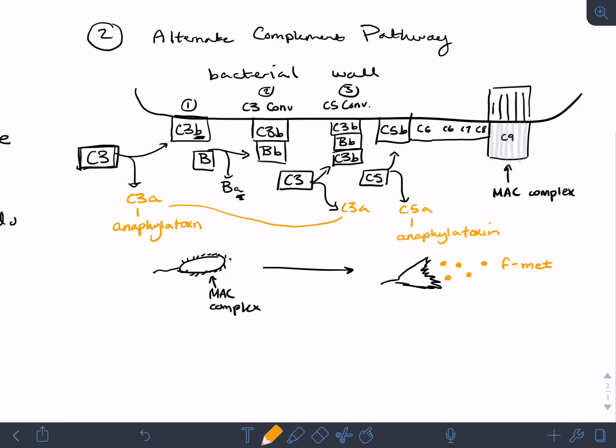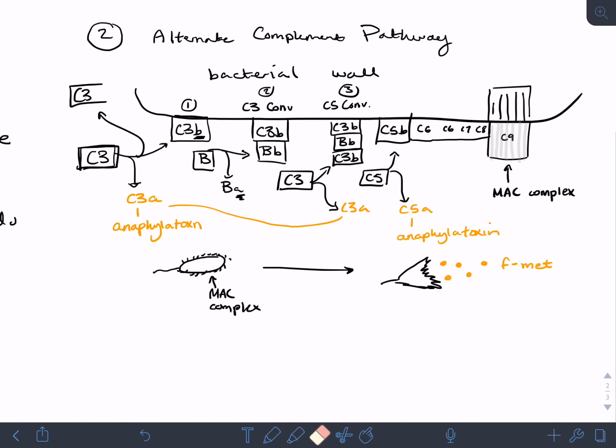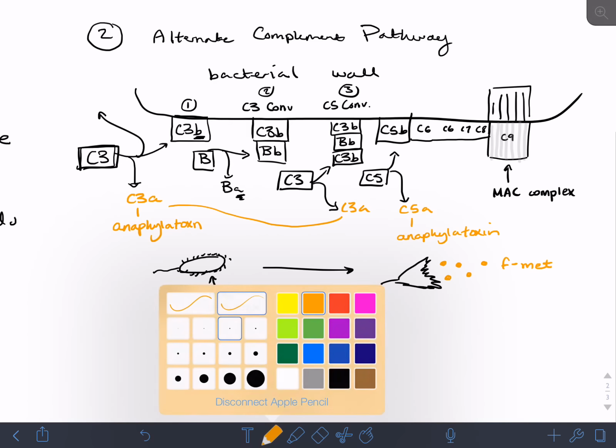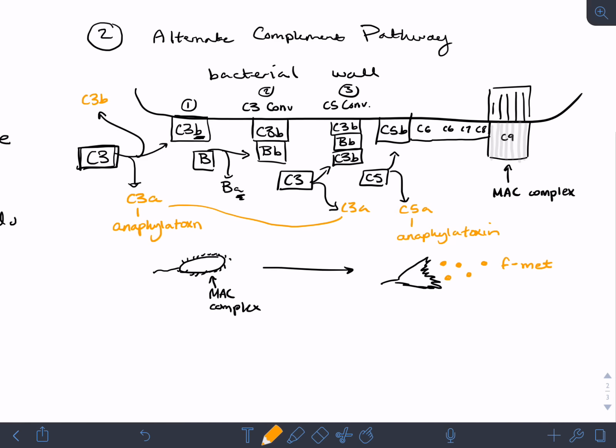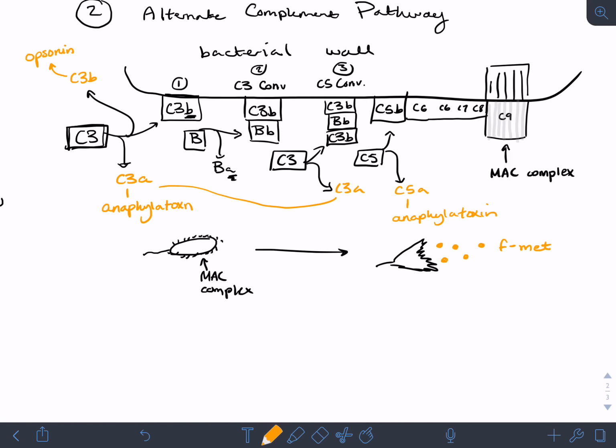And then you have C3b that's on the wall, but you're also going to have other C3bs that are just floating around. So let's say you create even more C3b, some C3b that's not even being used. The function of this C3b, I should have drawn that in orange, the function of the C3b that does not get involved in the alternate pathway, is going to be an opsonin. Again, we'll talk about what all of these things are.